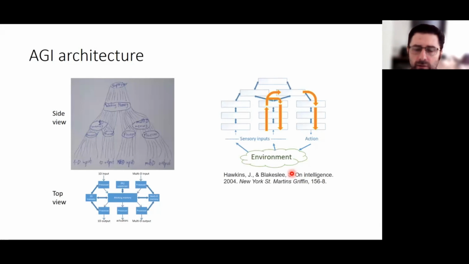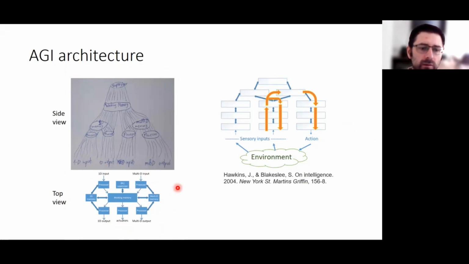First, I want to present my AGI model very briefly, just an architecture. It is inspired by a neural model of Jeff Hawkins from his first book. Here we see a side view sketch of the model and its top view diagram.